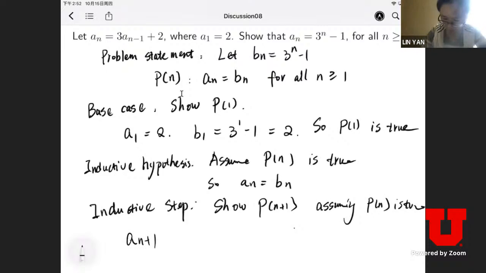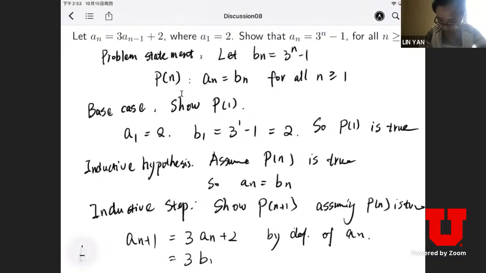So An plus 1 is equal to 3 An plus 2, this is by the definition of An. Then it is equal to 3 Bn plus 2, this is by the inductive hypothesis.